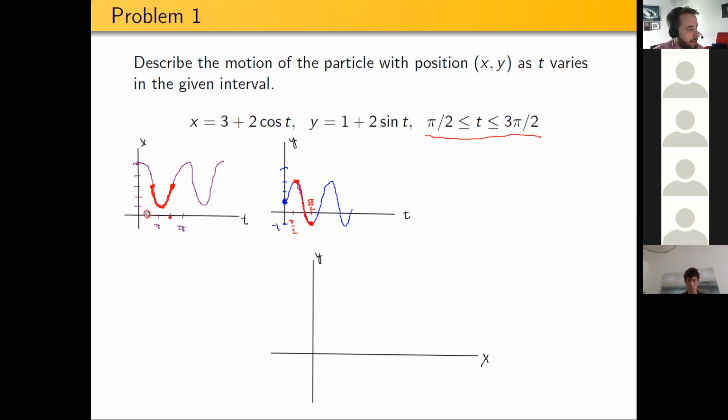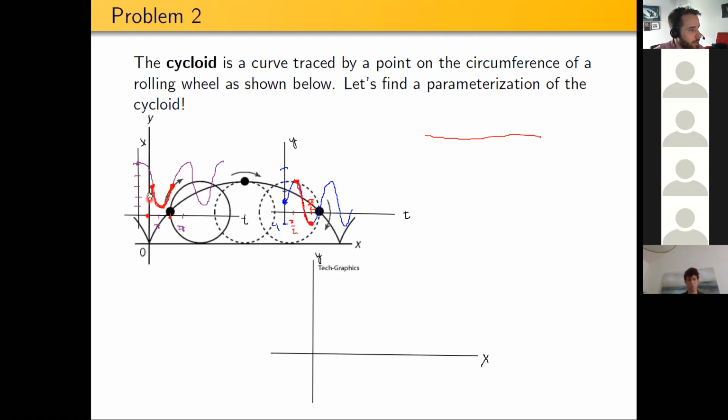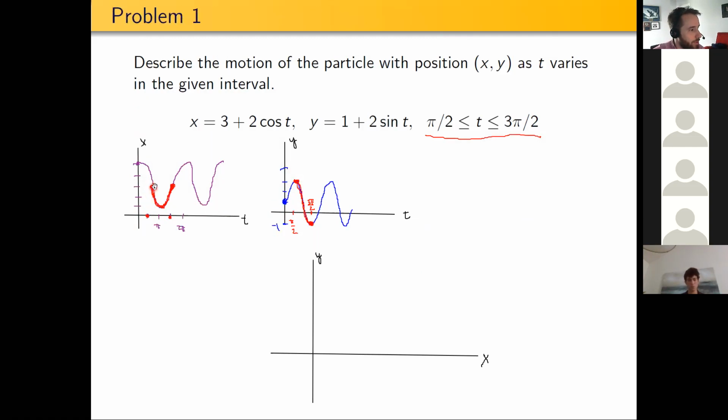Our x-coordinate is up here at a height of 1, 2, 3. And our y-coordinate is here at a height of 1, 2, 3 as well. Right, so again, our x-coordinate is at a height of 3, our y-coordinate is at a height of 3.